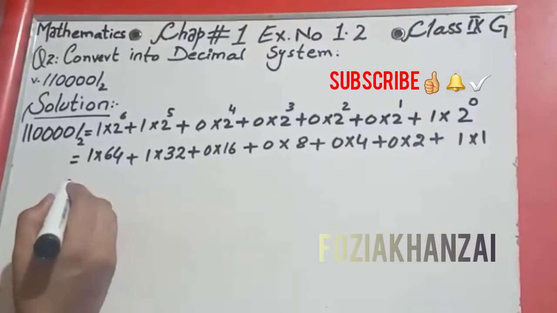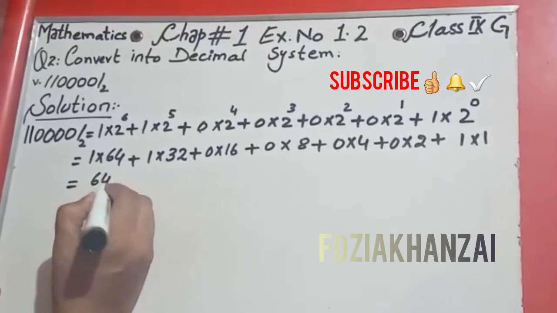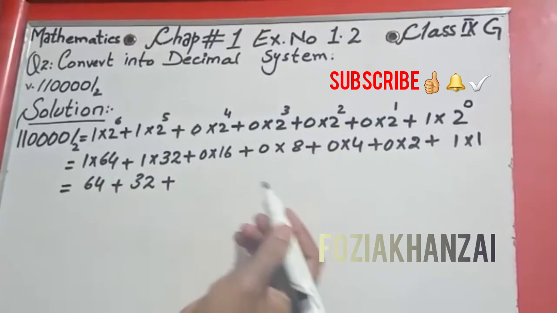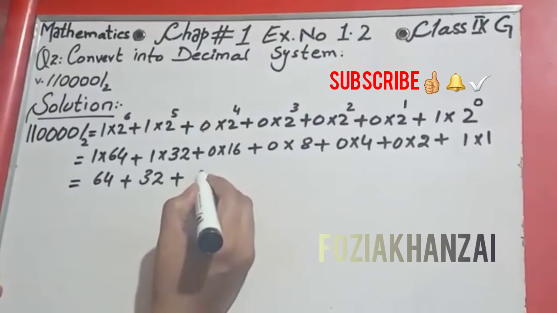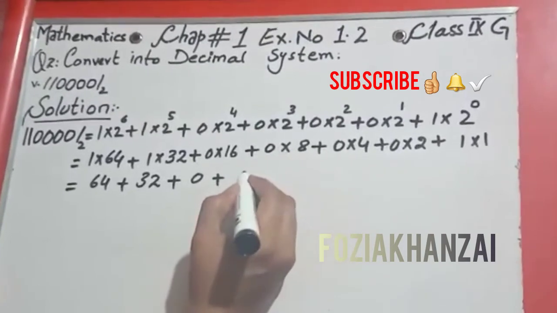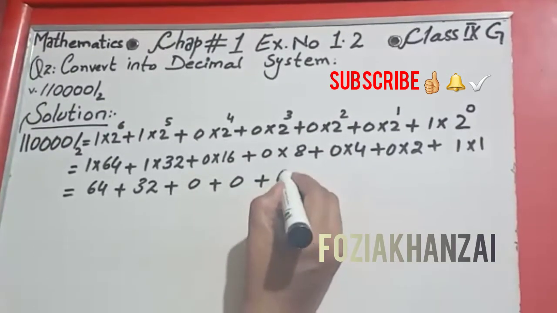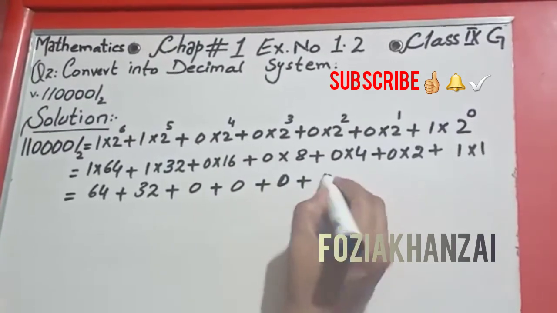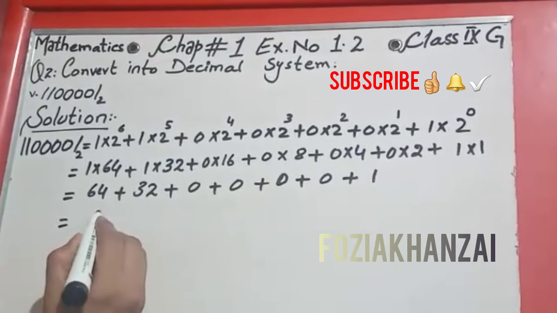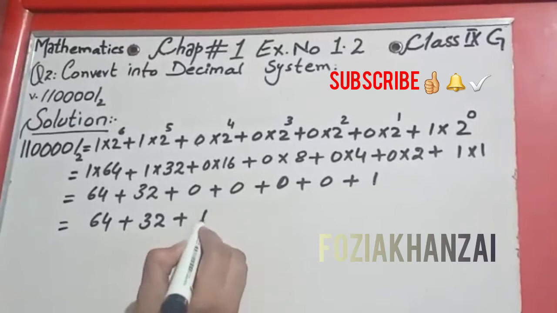Second step finish. Now multiply. 64 1s are 64, 32 1s are 32, 0 multiply by 16, answer 0 plus 0 8s are 0 plus 0 4s are 0, 2 zeros are 0 plus 1 1s are 1. 64 plus 32 plus 1.